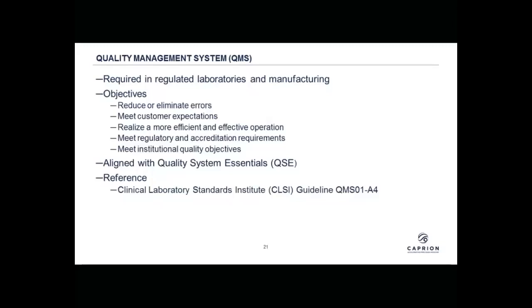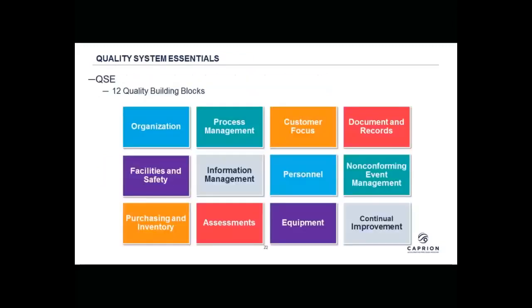Now, in some cases, the institution has higher quality standards than the regulatory, and that's great, but they can never be lower. So then your quality management system needs to be aligned with the good old-fashioned quality systems essentials. And those are the 12 building blocks of quality.